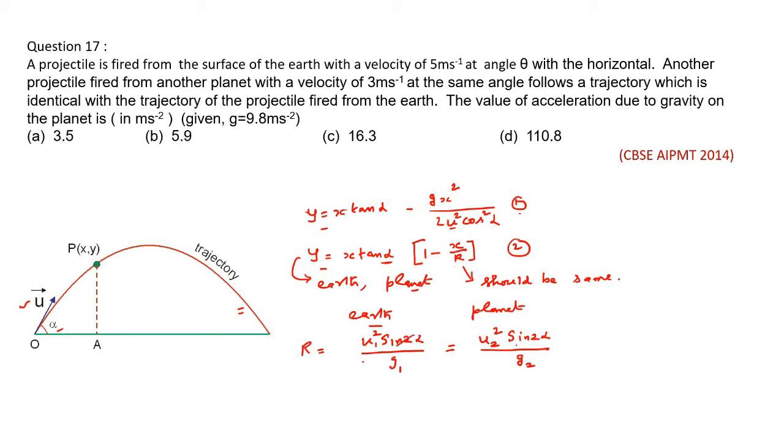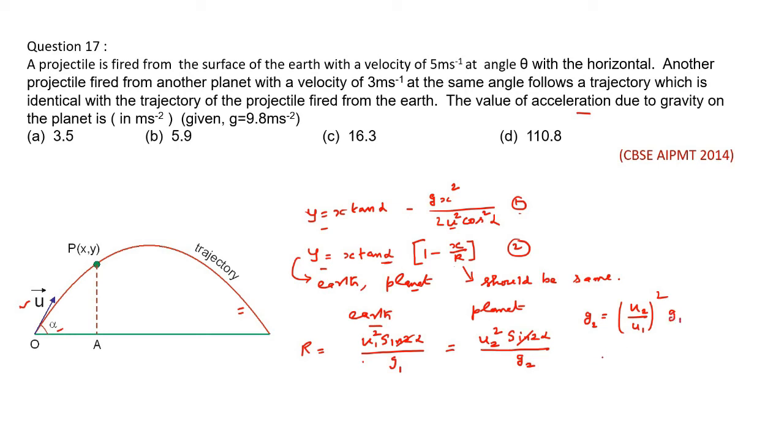We are supposed to find the value of acceleration due to gravity on the planet, so our aim is to find g2. So g2 is equal to u2 by u1 the whole square into g1.